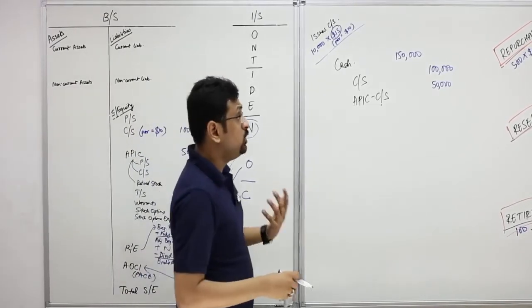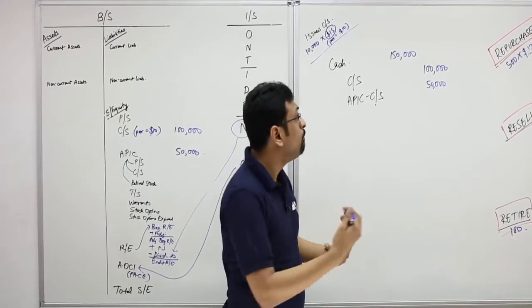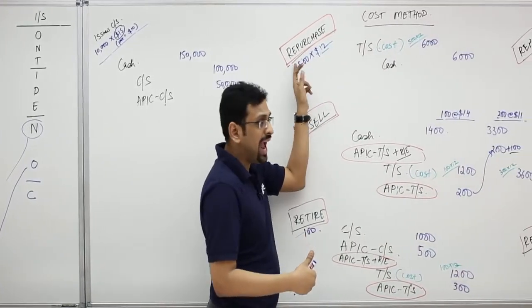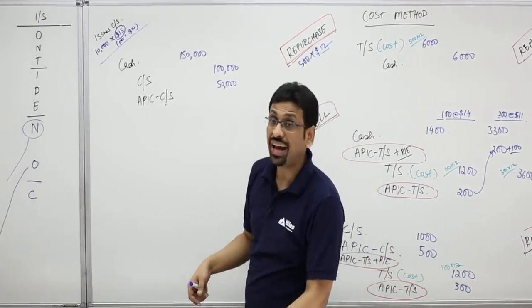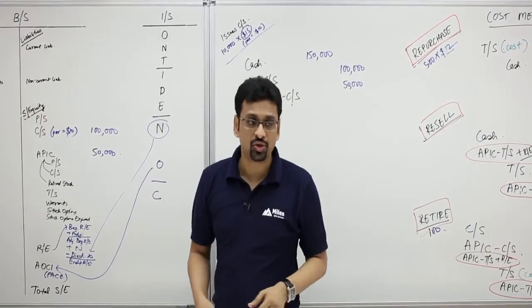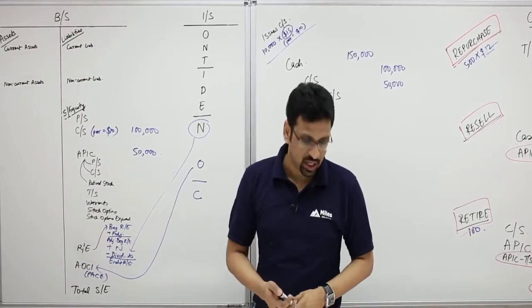Now, let's say you've used the cost method and you've gone out and bought your common stock back. You've bought 500 shares at $12 each. In that case, you're going to have treasury stock at cost. If you're using the cost method for treasury stock, remember, it's a contra stockholders' equity.